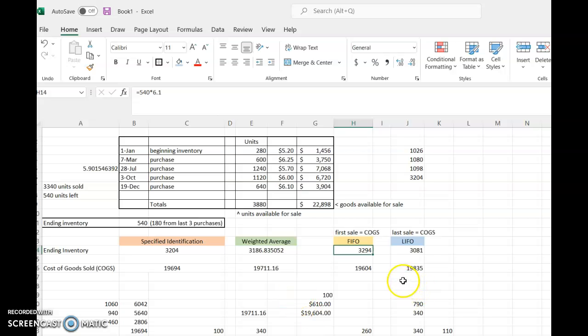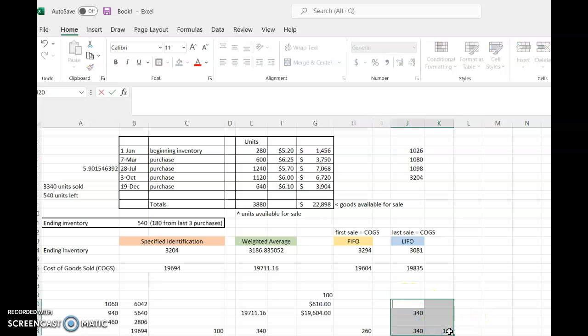And then finally we'll do the last in, first out, and this one is basically the opposite of the other one, so instead we're going to be working from this end down. And to do that, we're going to first get rid of this, get rid of this down here, and I didn't get rid of it all the way.